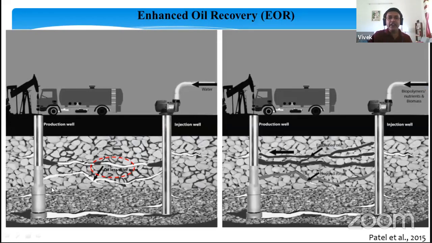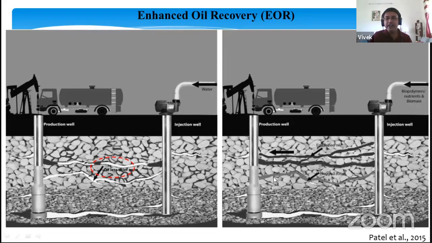So this is a production well through which you are trying to pump out the oil, and this is an injection well into which you are pumping water or any other flooding agent having biological compounds. And these are the deep zones which we are trying to close by doing this selective plugging operation.